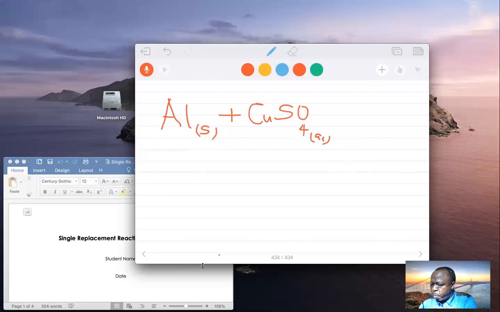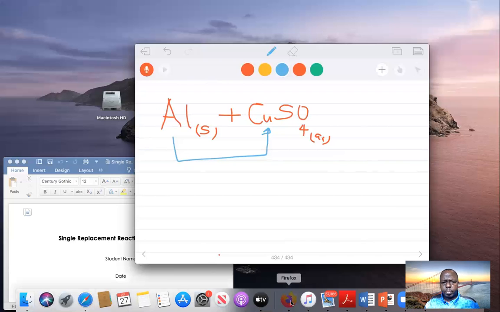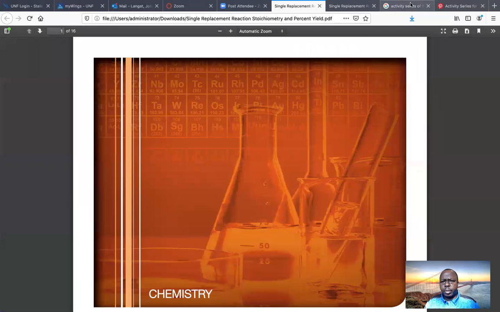Aluminum will replace copper. If you look at where aluminum is on the activity series, you will see that aluminum is more active than copper.